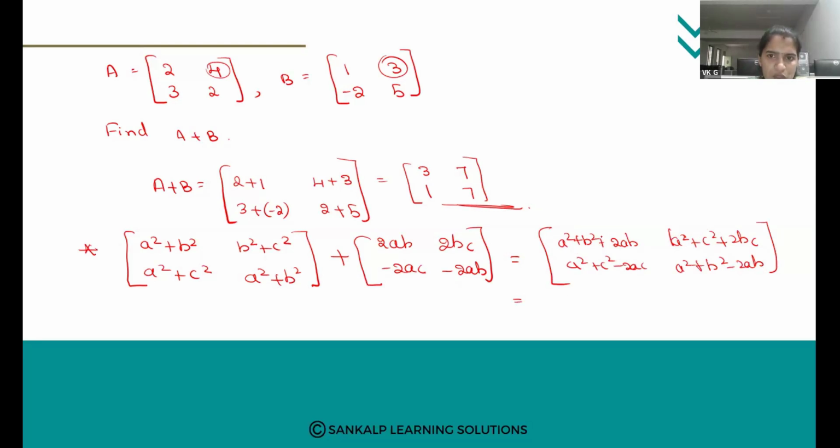A square plus B square plus 2AB, algebraic identity, A plus B the whole square. B plus C the whole square. A minus C the whole square. A minus B the whole square. Hope it's clear. Note down ಮಾಡ್ಕೊಳ್ಳಿ ಮಕ್ಕಳೇ. I just applied algebraic identity.